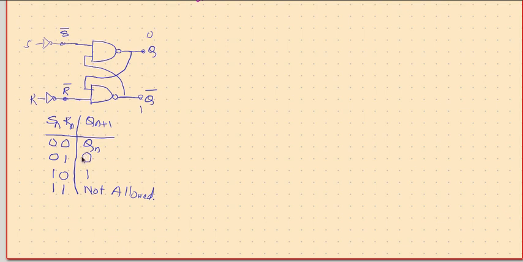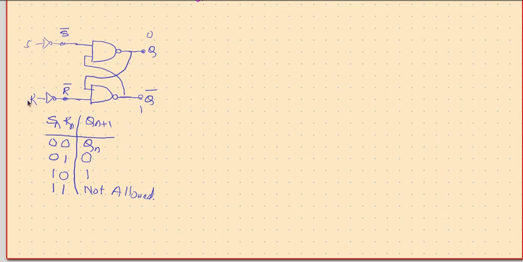So output is guaranteed to be 0, and after we get a 0 here, even if you make R equal to 0, this becomes 1 and 1, and this 0 ensures this 1 continues, and this 1 guarantees a 0 here, so the output is going to be 0.